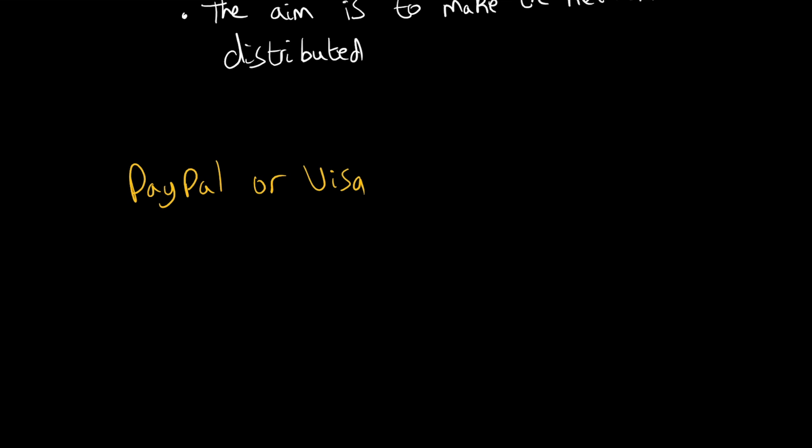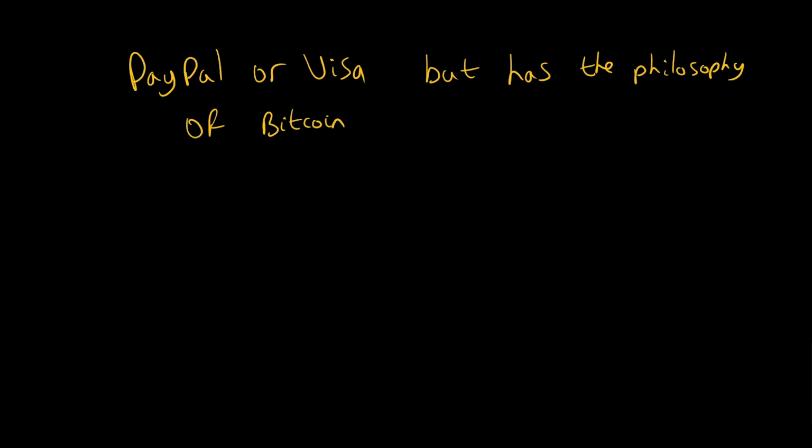Especially Visa, they're a big intermediary that a lot of people use. So it's like PayPal or Visa, but has the philosophy of Bitcoin and other cryptocurrencies as well.